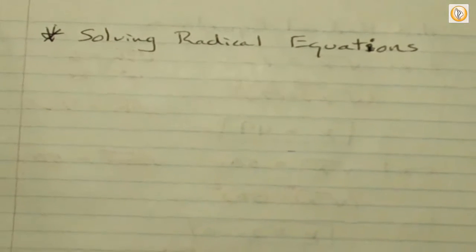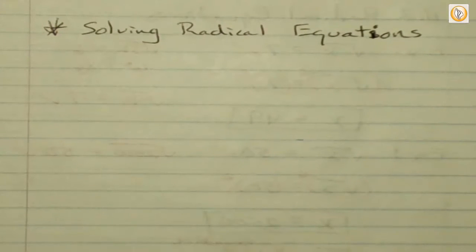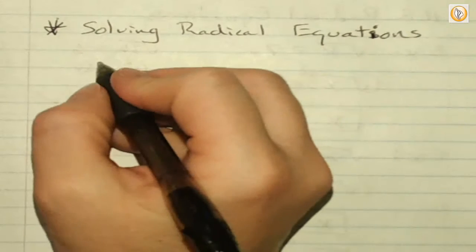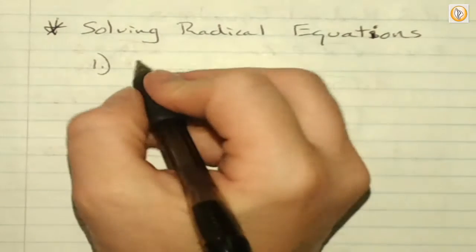Solving radical equations. Okay, so now y'all understand how to eliminate the radical sign. That's what we just did. You learned how to get rid of it. Now I'm taking it a step further. Solving radical equations. They're rad.